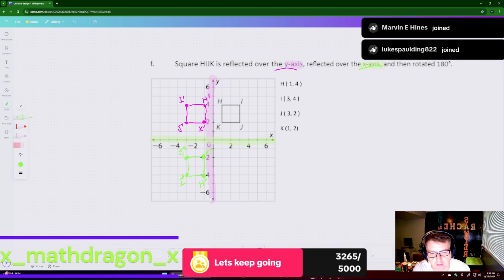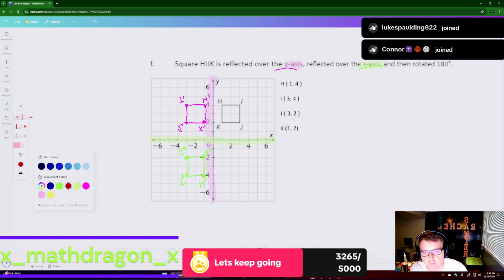Now they want us to rotate 180 degrees, which will come back to this spot over here. So 1, 2, 1, 2. Then we'll go 1, 2, 3, 1, 2. And then we'll go 1, 2, 3, 1, 2. Ooh, and what do you see?